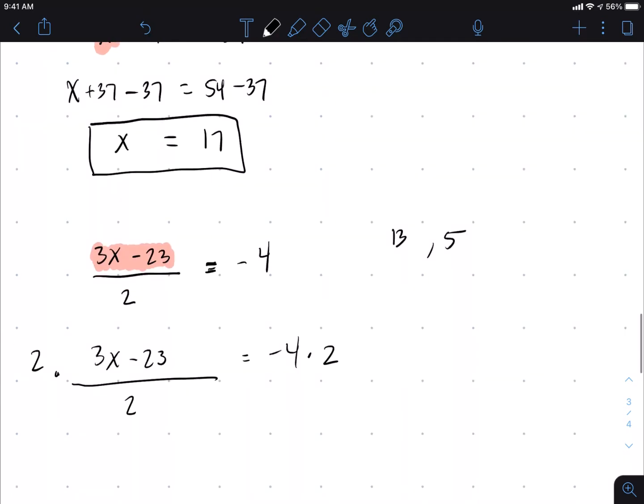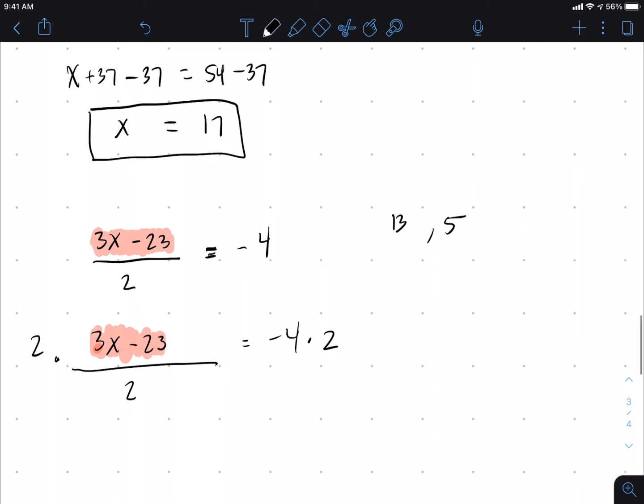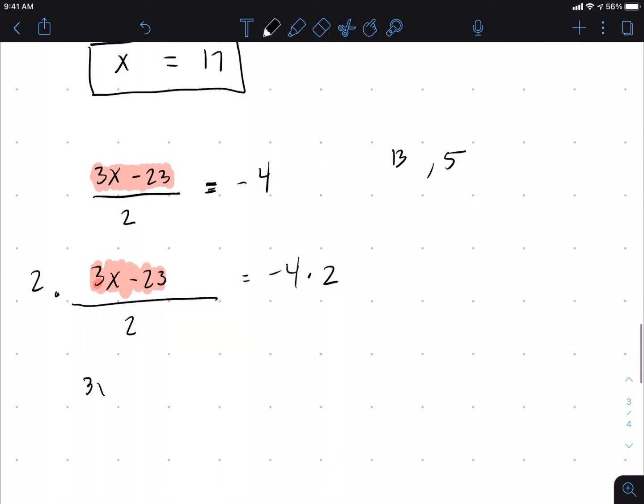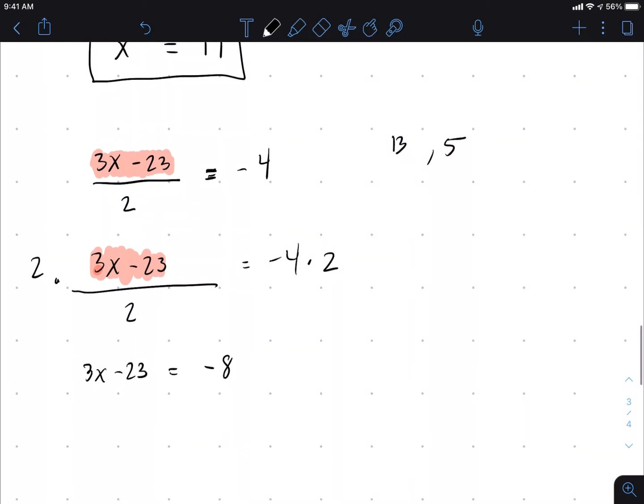So the 2's on this side will cancel, and I'm going to get negative 8 on the other side.